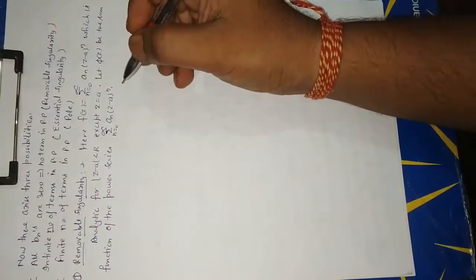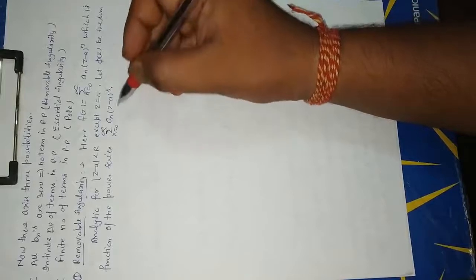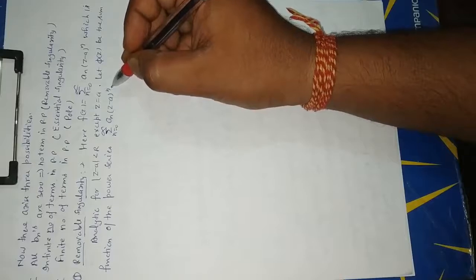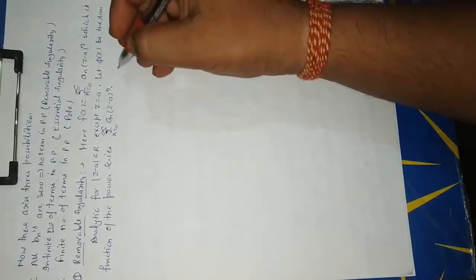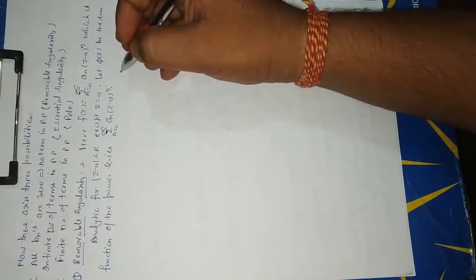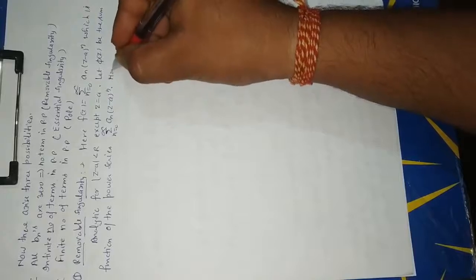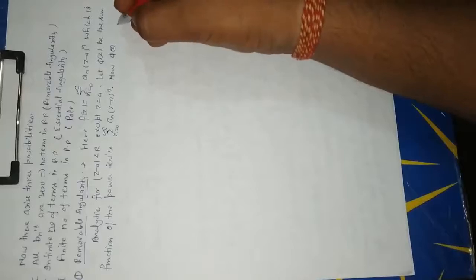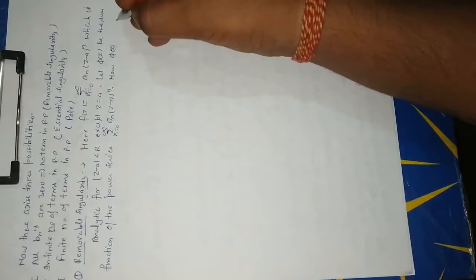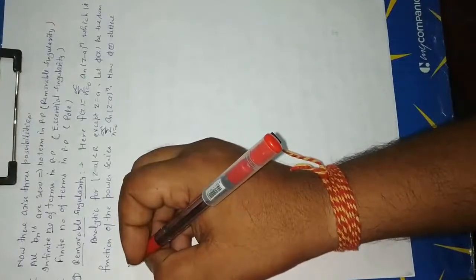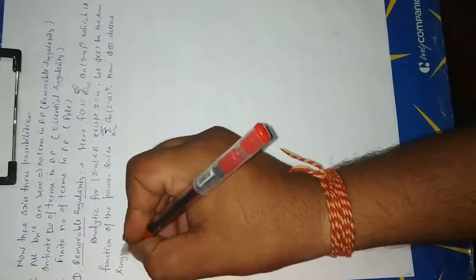Phi(z) is the sum function of the power series summation n is equal to 0 to infinity an (z minus a) whole power n. Now phi(z) differs from f(z) only at the singularity.